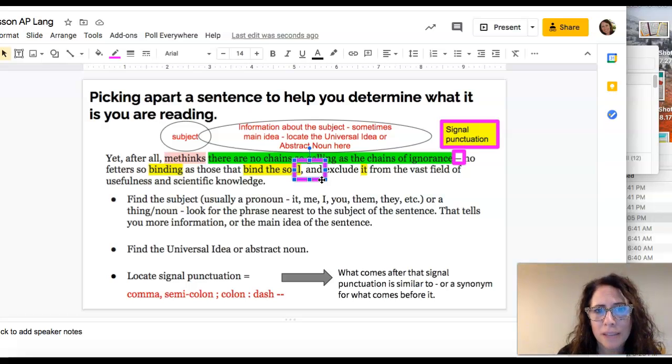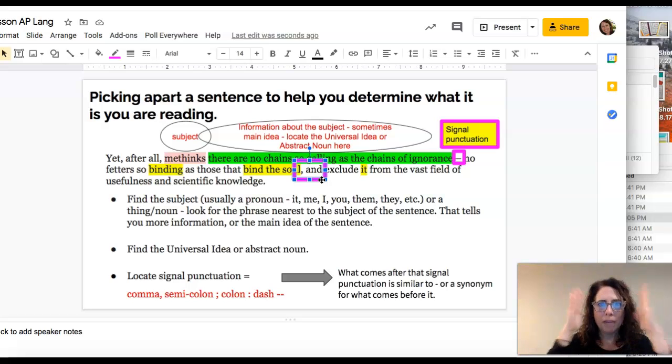And this part is after the comma. Now we know commas are awesome, just like dashes. They give us more information. They possibly give us a synonym or a likeness to what has come before. So if we don't understand one part of either before or after the signal punctuation, in this case the comma, we can just pick up one side of it and we can infer the other side based on what we know of the side we understand.